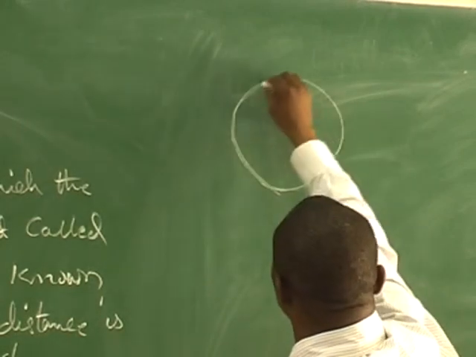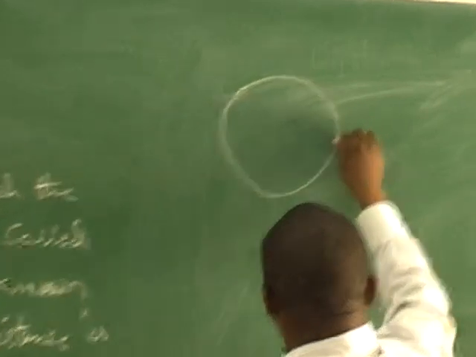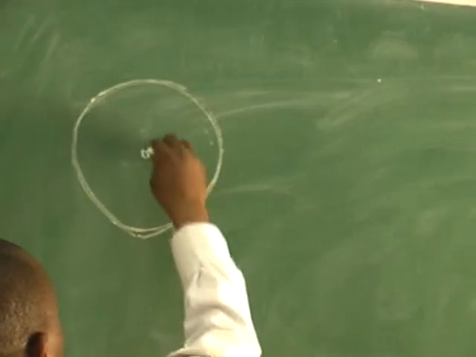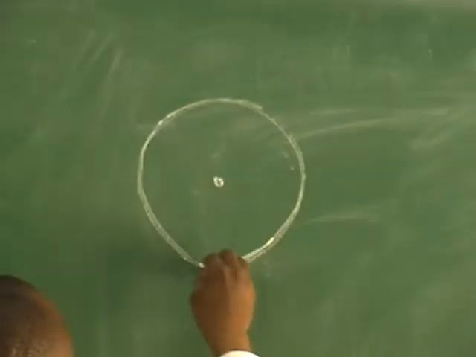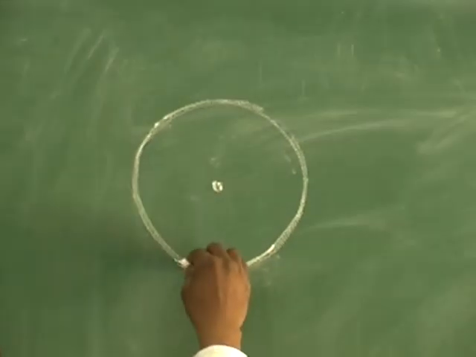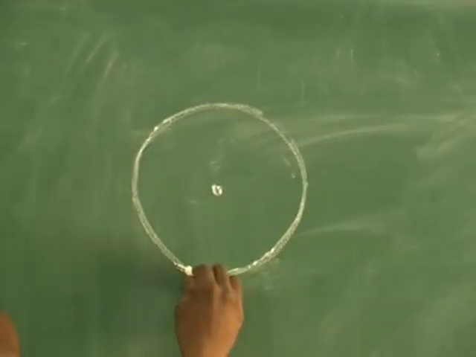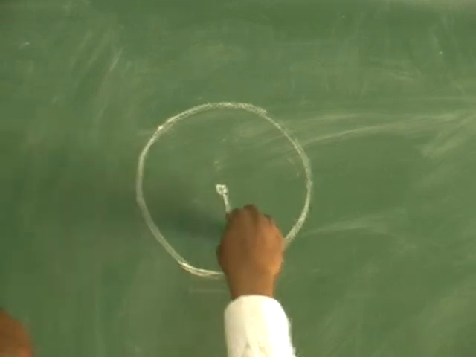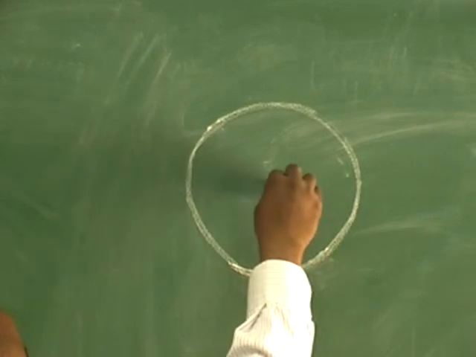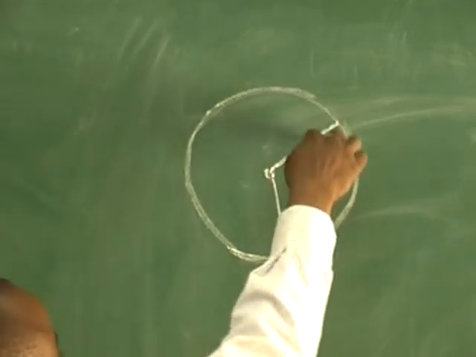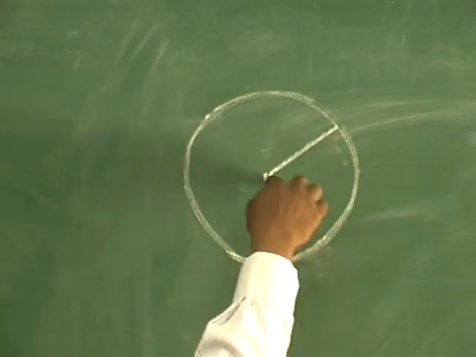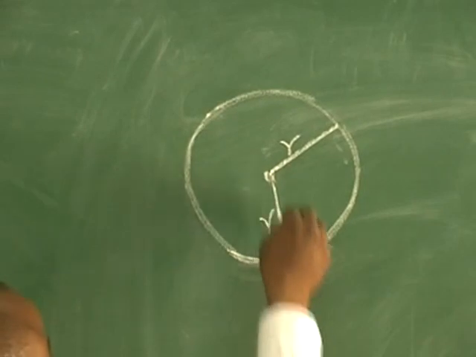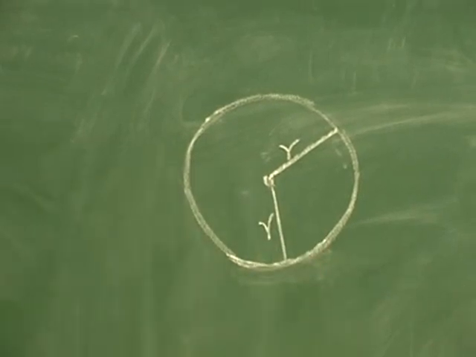Then we have that there is a fixed point here, such that the distance from any point on the circle to the center is equal to this distance. The distance from here to here is equal to this distance. So this distance is what we call the radius that is represented by r.